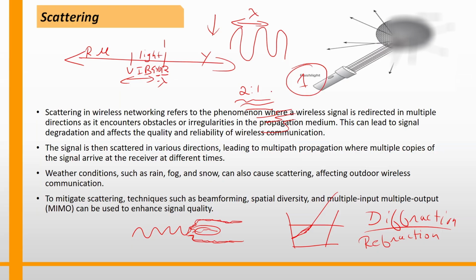So that's what 2:1 means. It indicates the loss due to reflection during the transit.